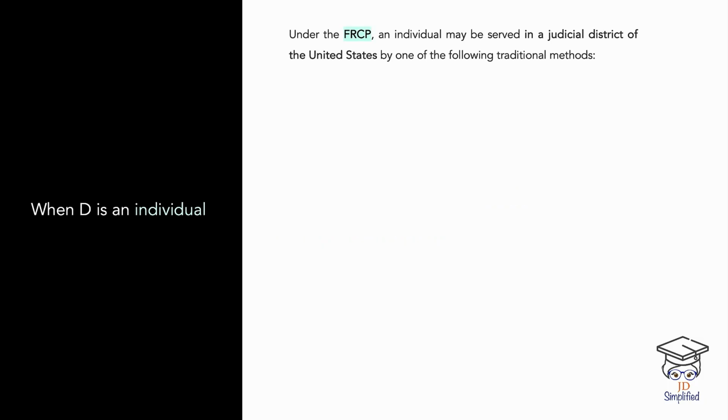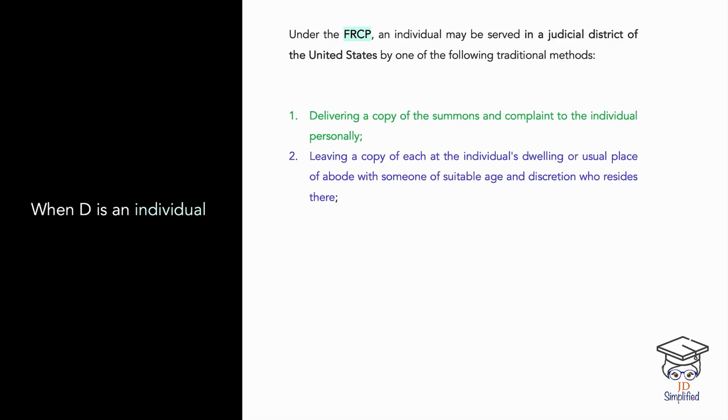When defendant is an individual, under the Federal Rules of Civil Procedure, an individual may be served in a judicial district of the United States by one of the following traditional methods. Number 1, delivering a copy of the summons and complaint to the individual personally. Number 2, leaving a copy of each at the individual's dwelling or usual place of abode with someone of suitable age and discretion who resides there.